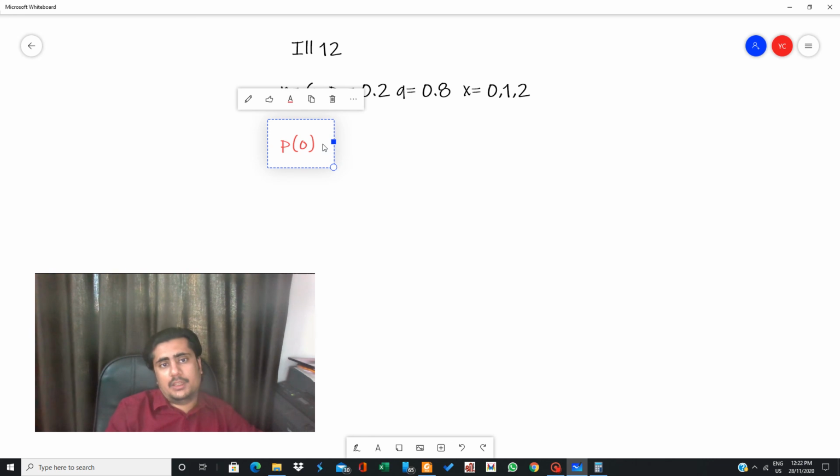If I am taking P of 0, I'll solve like this. See, first of all, we are writing the formula.